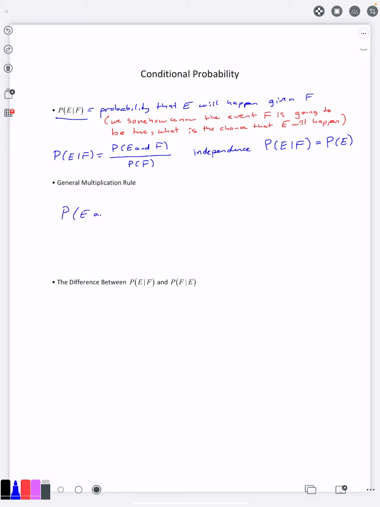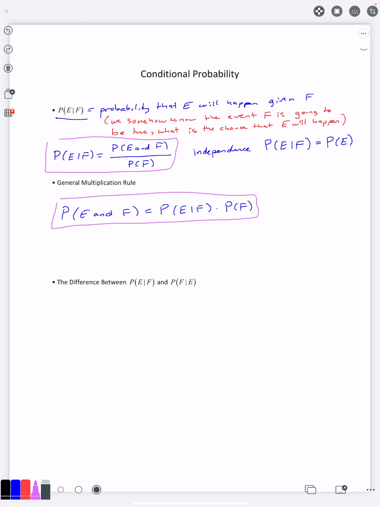It says the probability of two events E and F happening is the same as the probability of E given F times the probability of F. Now really, if you look closely, this is just the exact same as the formula I already gave you to calculate the conditional probability, but just multiplying both sides by P of F. And in my experience, I use this top version more often in solving problems than the bottom version down here, because a lot of the times you are trying to find the conditional probability, whereas to use the bottom formula, you already have to know the conditional probability. Now, sometimes you will do it that way and it's fine.